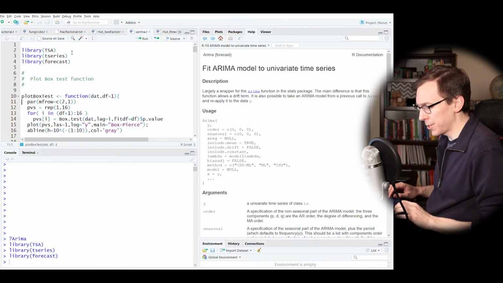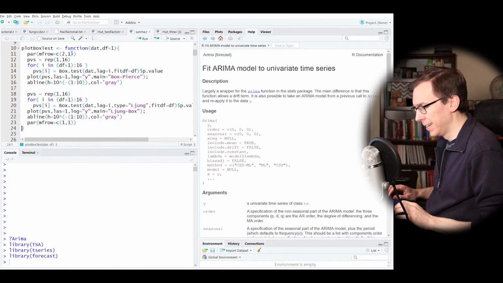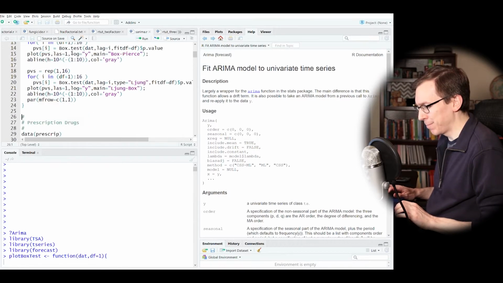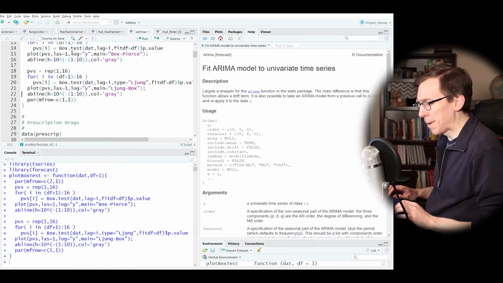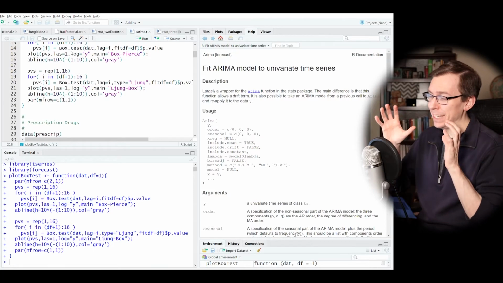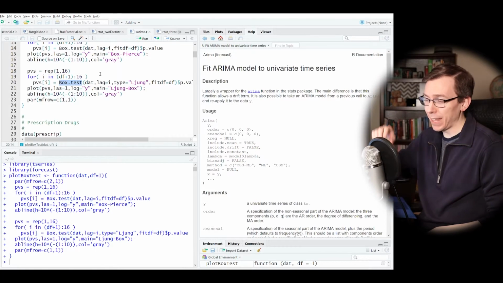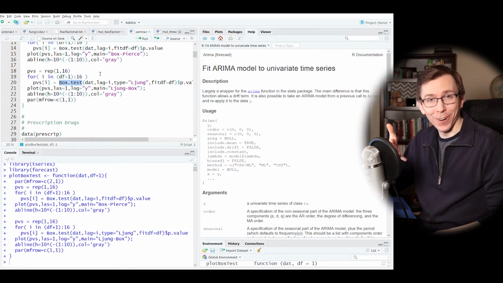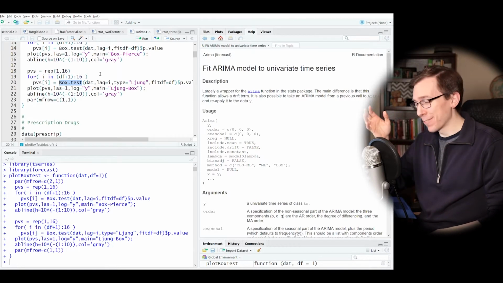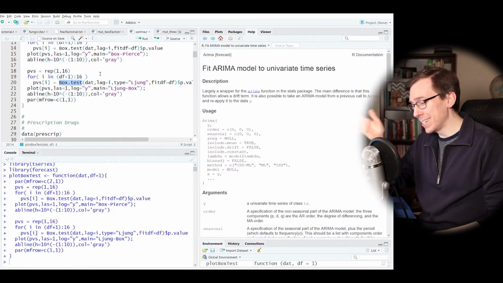Anyway, I also wrote this quick function, which I'm going to load in. I call it plot box test because basically what it does is plot a bunch of box tests. Remember, we looked at the Box-Pierce and the Ljung-Box test in R. Both are run with the Box.test function. And do you remember what they're for? They're for testing whether or not our residuals have any correlations in them.